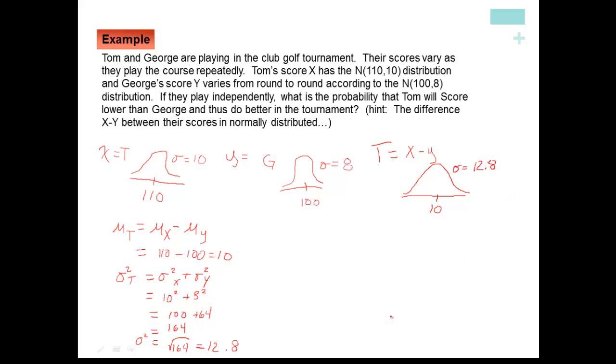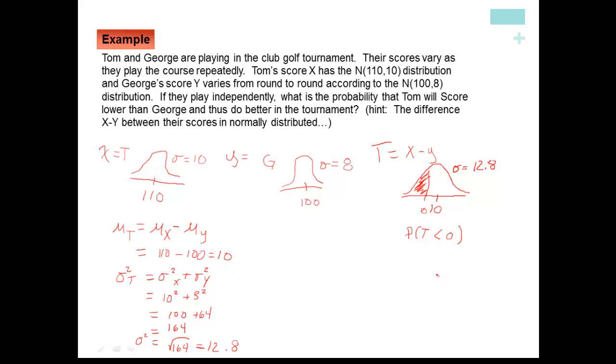Now if Tom and George tie, the difference in their scores would be 0. If Tom is going to score lower than George, what I'm then trying to find is the probability that my total score, when I do the subtraction, will be less than 0.